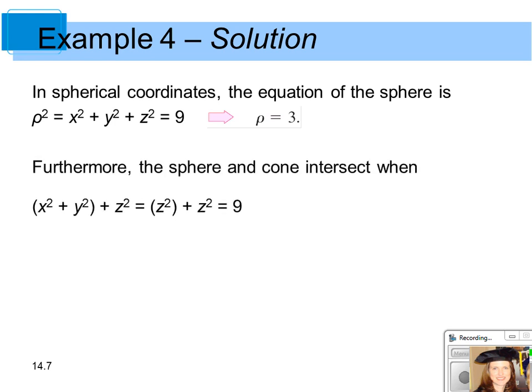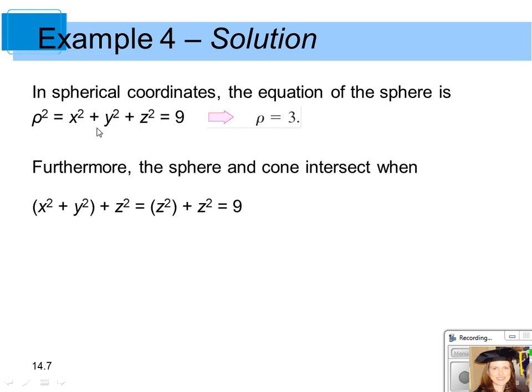And then if you want to determine where the sphere intersects with the cone, you can do a substitution. If we know that x squared plus y squared equals z squared on the cone, you plug that into the equation of the sphere, and you get z squared plus z squared equals 9. Again, the sphere was x squared plus y squared plus z squared equals 9, and the cone was z squared equals x squared plus y squared.